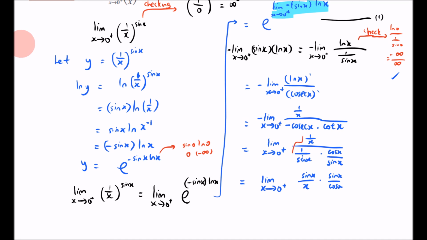So you group this, okay, you get this: sine x over x. Now you can use our limit, x approaches 0 plus of sine x over x.